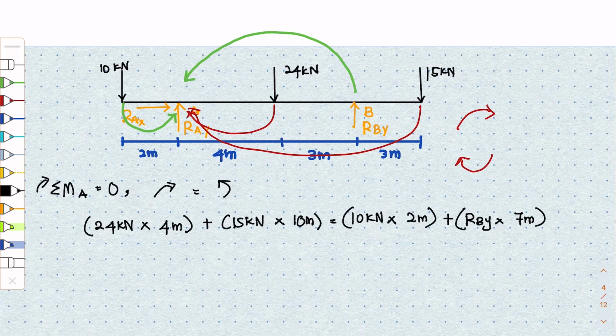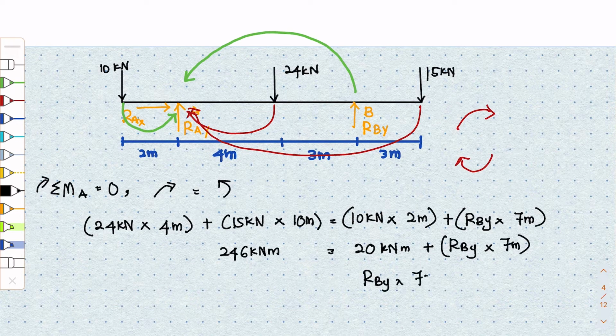Right, so kita solve this one. Here you will get 246 kilonewton meter equal to 20 kilonewton meter plus RBY darab 7 meter.